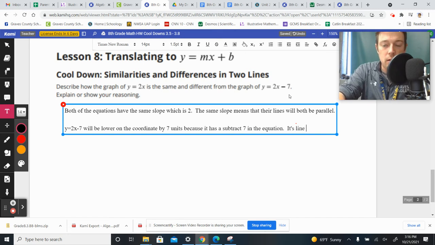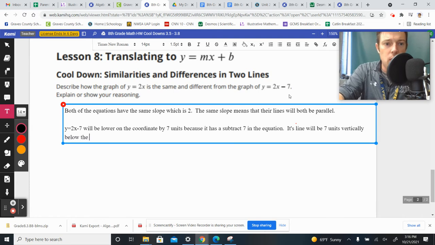Its line will be 7 units vertically below the y equals 2x because its y-intercept is at -7, while y equals 2x has a vertical intercept of 0.